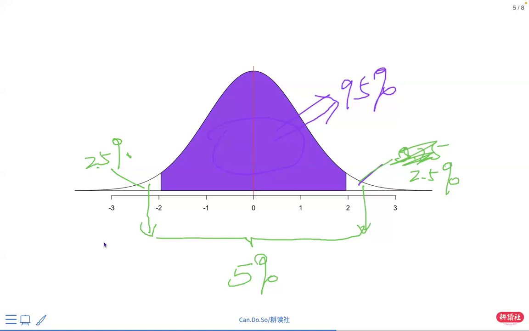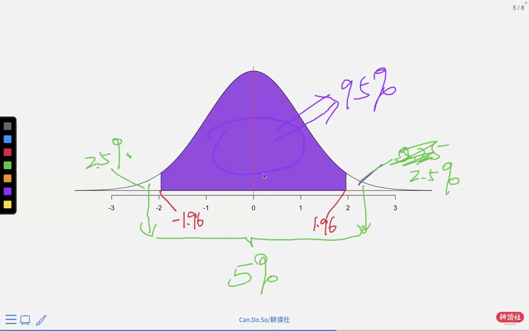And this value here is close to -2. So this value is minus 1.96, and this value is 1.96.